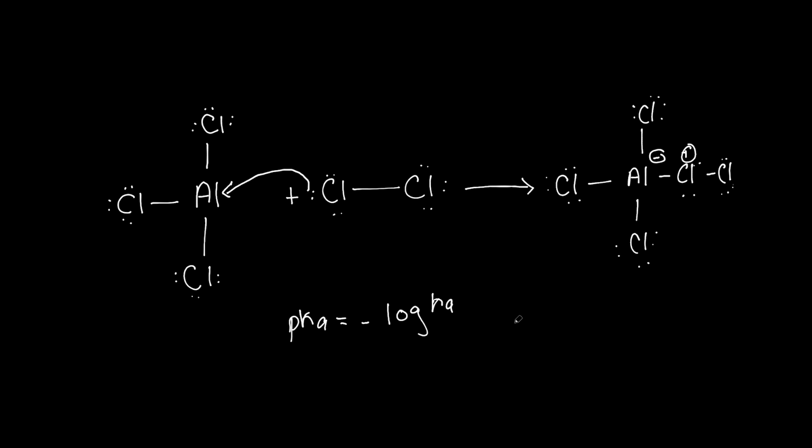And we know we can get the Ka from the concentration of the products over the concentration of the acid. And this gives us the Ka. And then you take the negative log of that to find your pKa value.